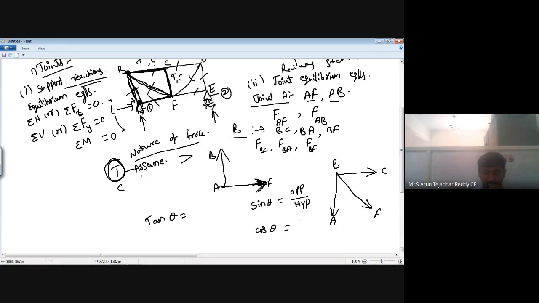Next, cos theta means adjacent by hypotenuse. Tan theta means sin theta by cos theta, that is, opposite by adjacent. So before solving one problem, first you should know what sin theta and cos theta are. This is important.